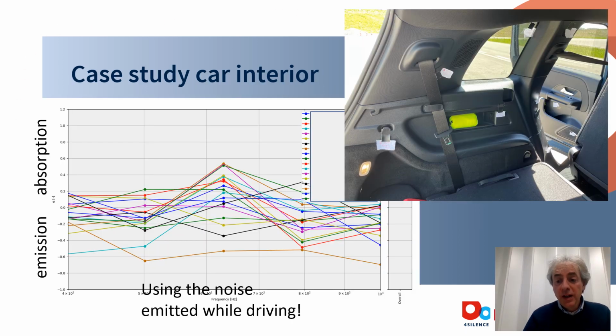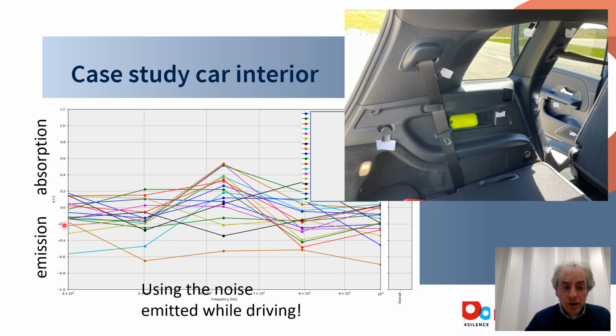This positive and negative alpha, meaning an absorption coefficient or emission coefficient, is very helpful in case studies like this inside a car. Here you see measurements that we performed at different locations in the car while driving.